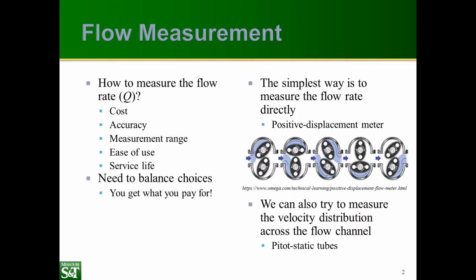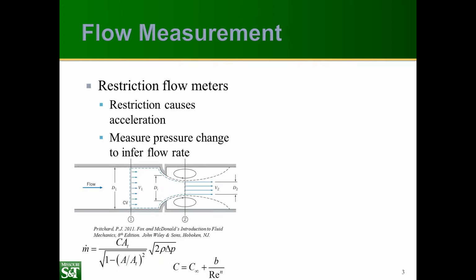So, we've come up with a wide range of applications to find different values for flow rates. The simplest of these methods is called the restriction flow meter. Basically, you have a reduction in area that causes the fluid to accelerate. You measure the pressure change, and you use the pressure change to infer the flow rate through Euler's equation in order to measure that.